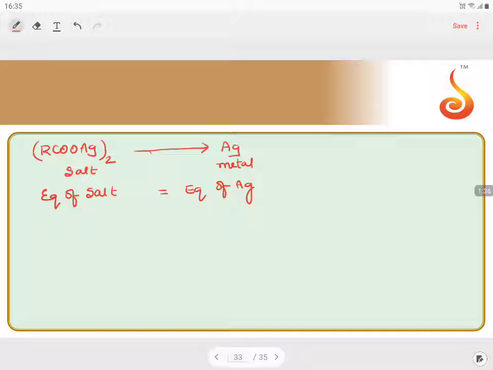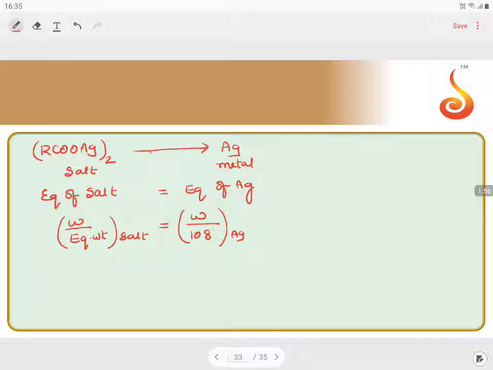Taking this into consideration, equivalents of salt is weight by equivalent weight. Equivalent weight of salt will be equal to weight by equivalent weight of silver, which is 108. This is for silver, weight of silver.